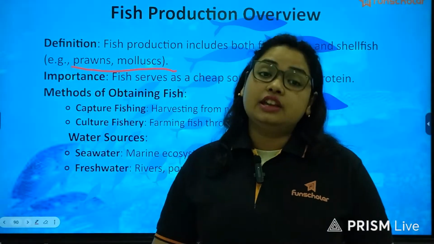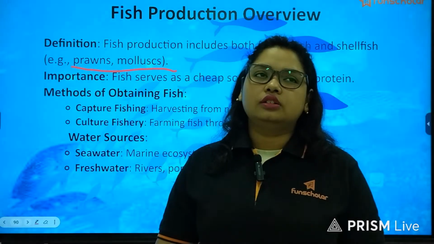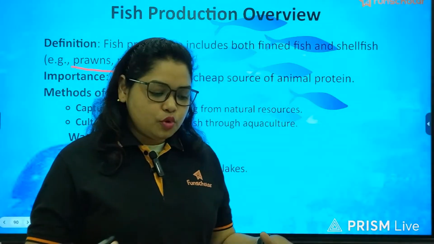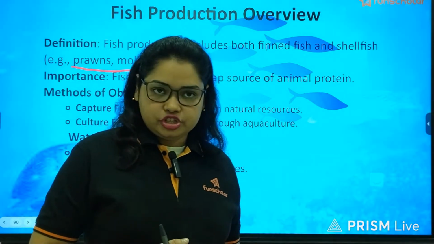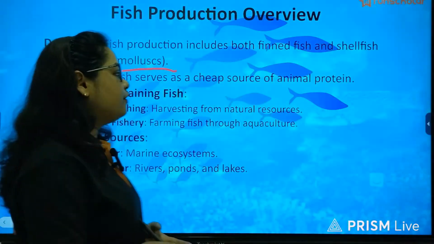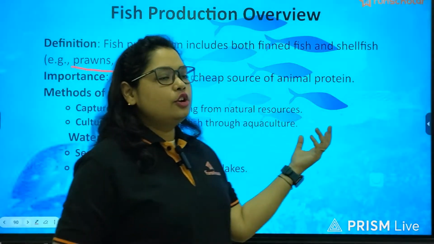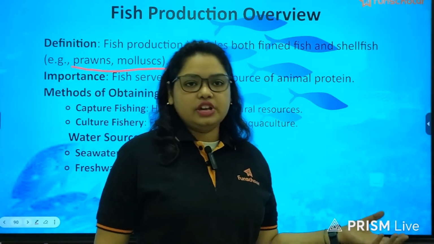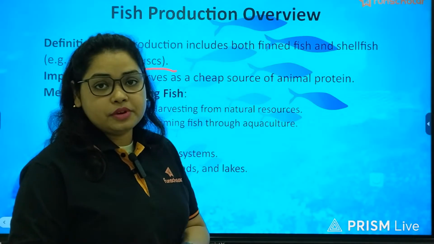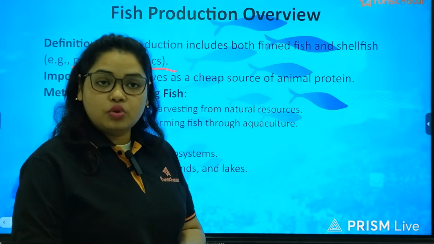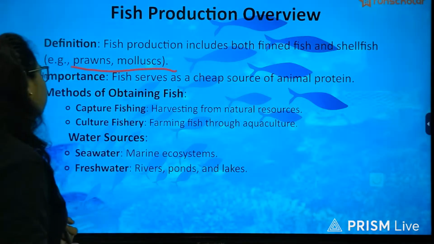And in the backyard also, if you can manage to arrange any small area or reservoir in which you can culture the fish, you can do that. So it is not so costly, it is a cost effective method for rearing fish, and you can also use it for your personal purpose, for meeting your own demands. So it is also serving as a source of animal protein.